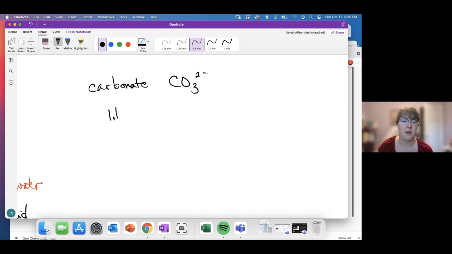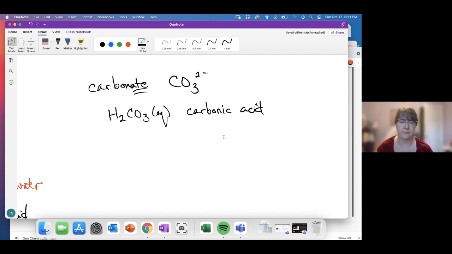If I add both of my hydrogens, this then becomes, I'm going to replace that ATE with ic acid. We'll go ahead and make this aqueous. This then becomes carbonic acid. Now, if we are talking about the ocean and ocean acidification, this is the acid in ocean acidification. Carbon dioxide combines with water to form carbonic acid. That's how that works.